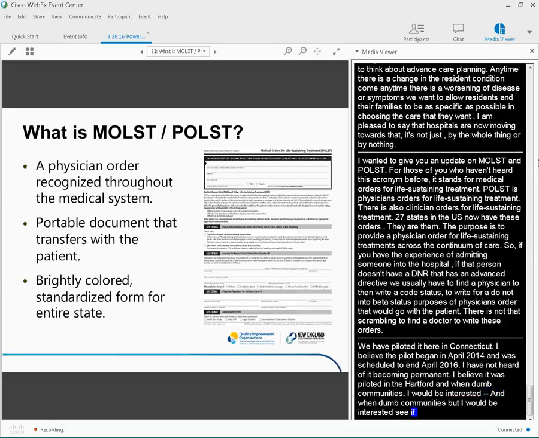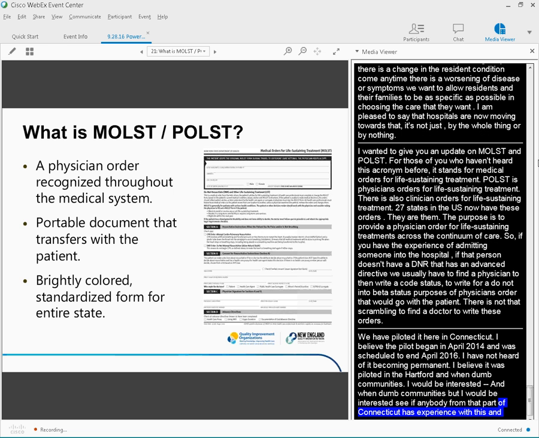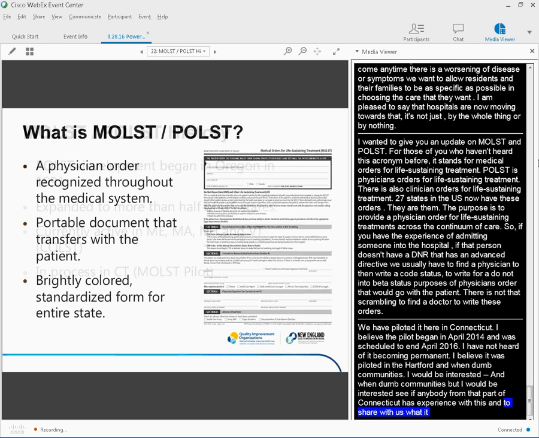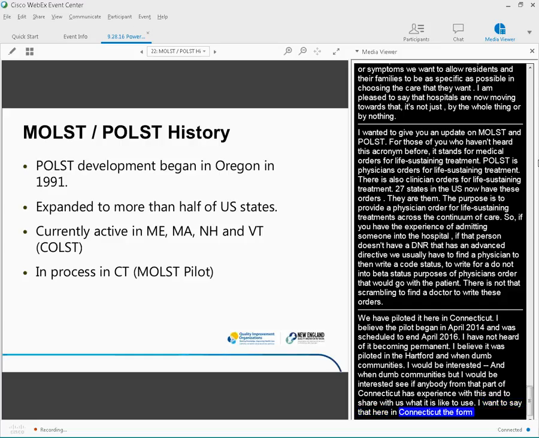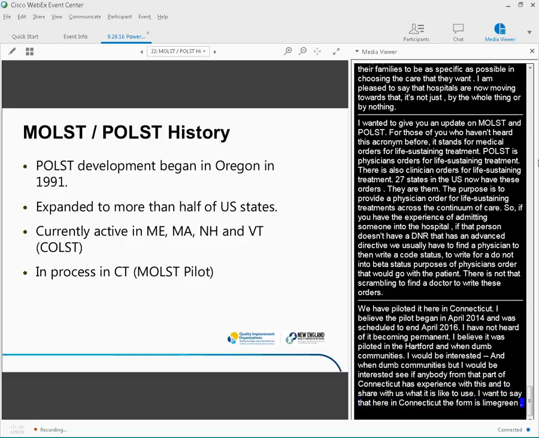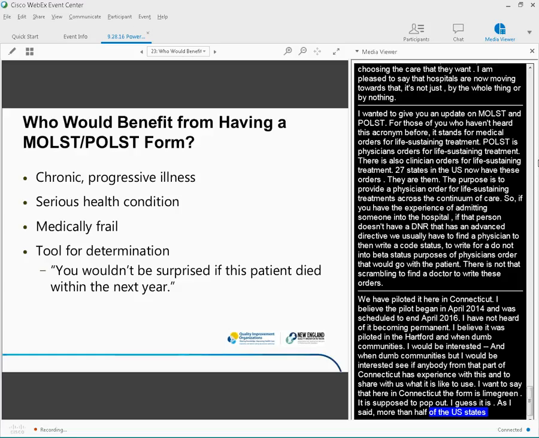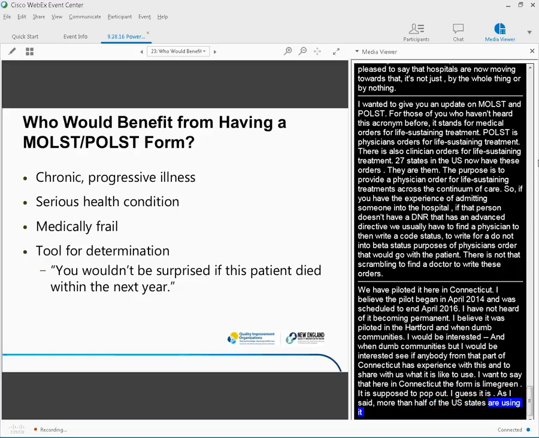I want to say that here in Connecticut, the form is lime green. Don't know how I came up with that, but it's supposed to pop out, and I guess it does. Again, as I said, more than half of the U.S. states are using it. It began in Oregon in 1991, so we're still waiting for that to become legislation here.